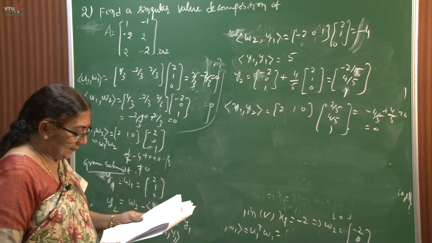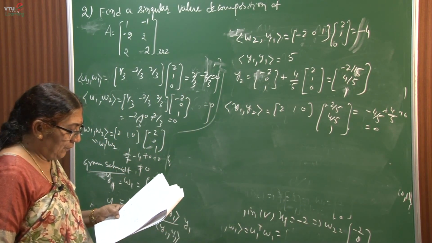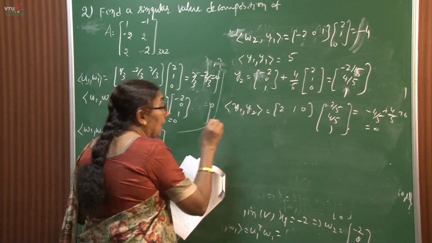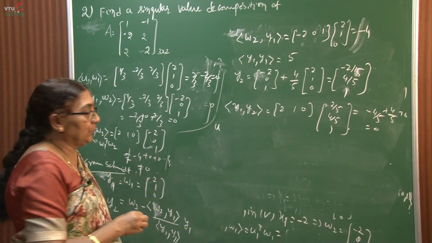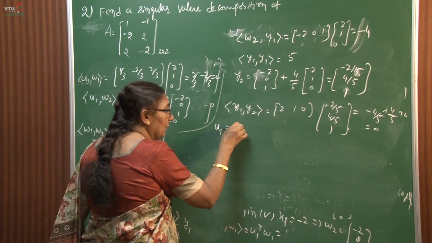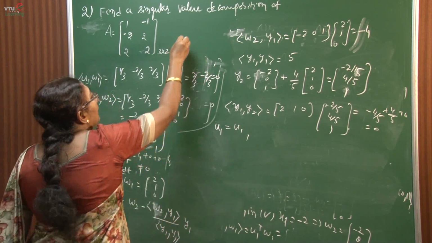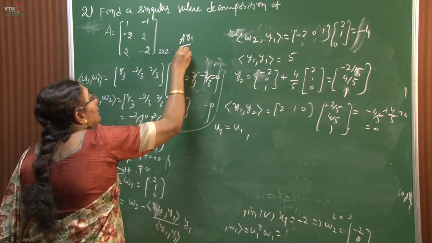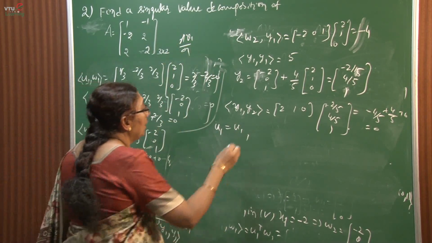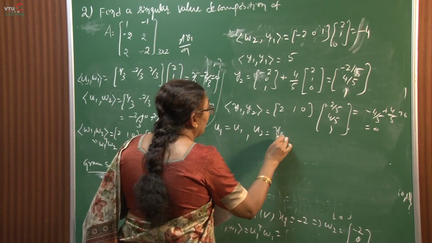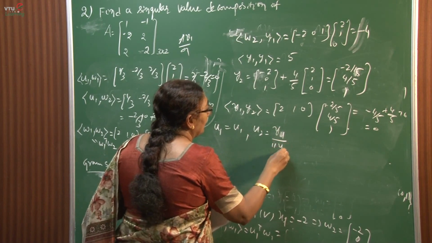Once these two are orthogonal, next we have to find the normalized vectors u1, u2, u3. u1 is u1 itself because we are not touching u1; use the general formula A V1 by sigma 1. u2 is Y1 divided by the norm of Y1.